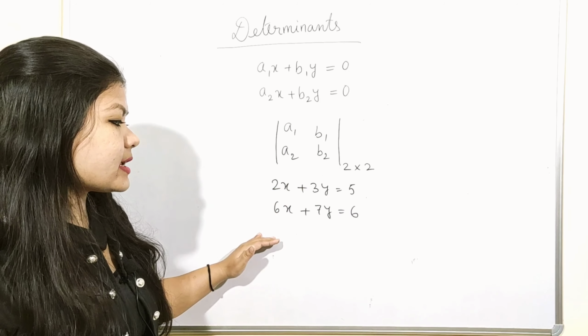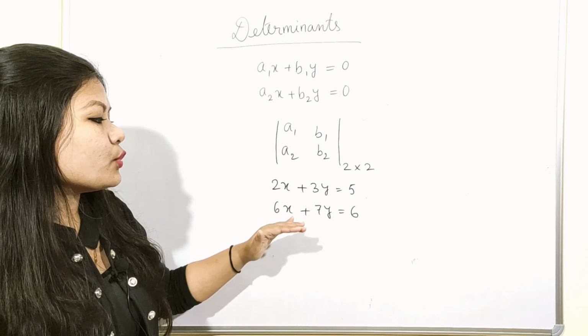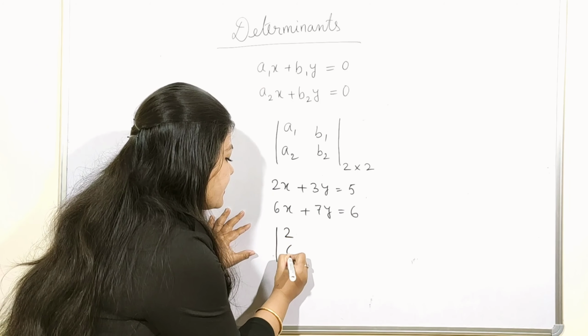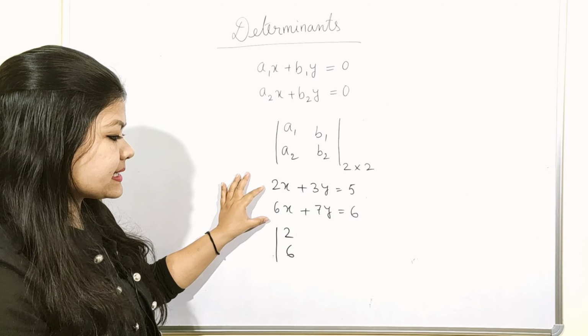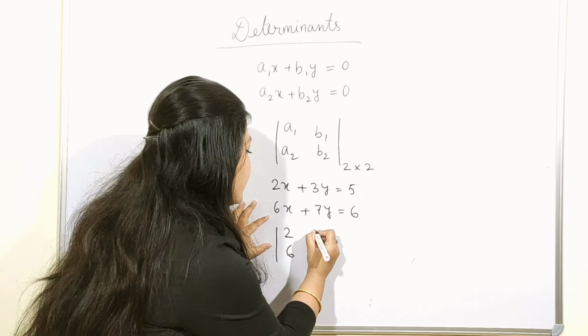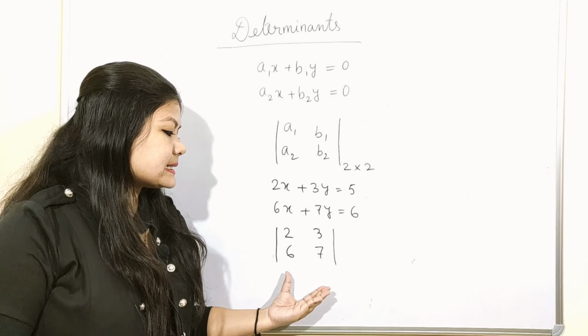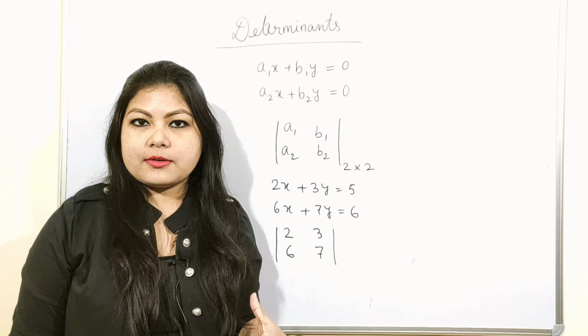Now this system of linear equations we can represent in the form of a determinant by writing down the coefficients of x in one column, then the coefficients of y in another column. So this is a 2 by 2 determinant.